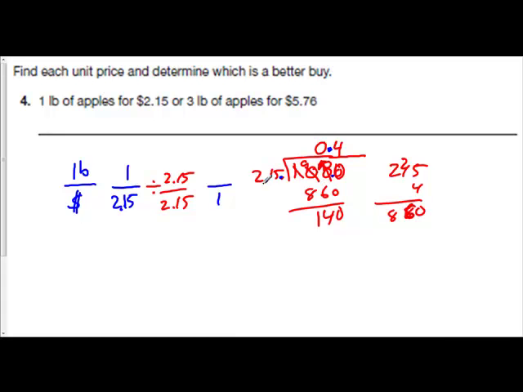9 minus 1, 140. 215 does not go into 140, so we have to find out how many times it goes into 1400. Well, 200 goes into 1400 7 times, so it's going to be less than that. It'll probably be about 6 times. And you can see that our answer is going to be like 0.46, however many decimal places we have to go to get our unit rate this way.